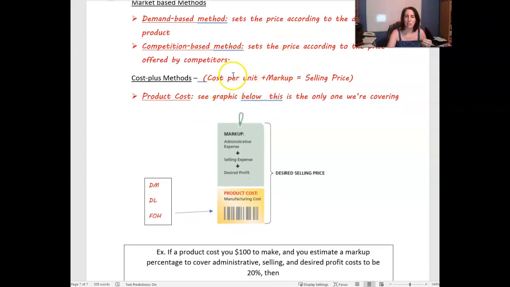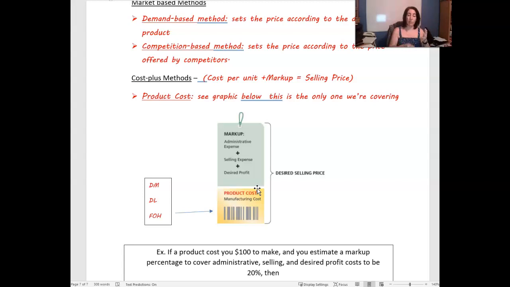When you're talking about the cost per unit part of it, the idea is we're talking about the product cost, right? What is the direct material? What is the direct labor? What is the factory overhead? That is the product cost, plus what I want to mark it up. Well, when you're marking it up, realize that extra markup, that 10%, 20%, whatever it is that you want to mark it up, has to then cover all the other costs of your business, right?